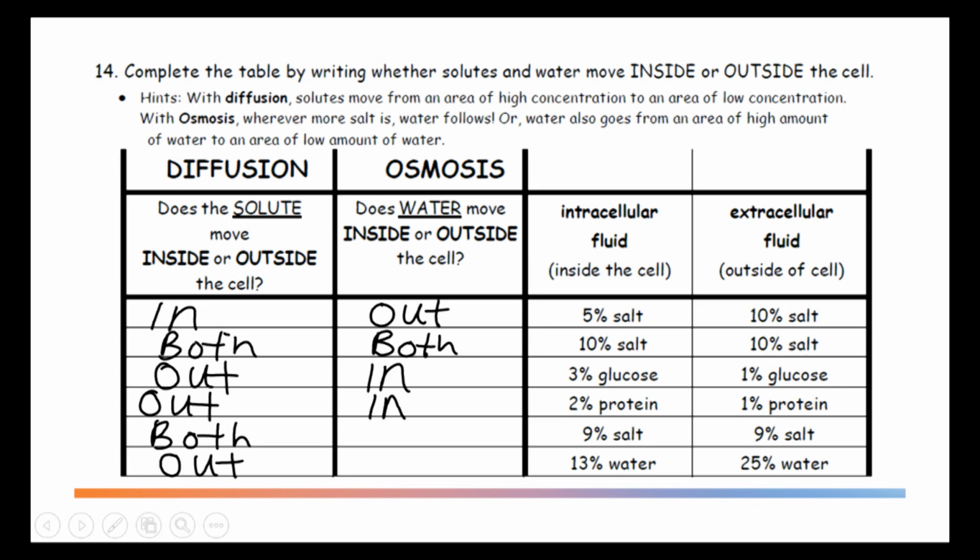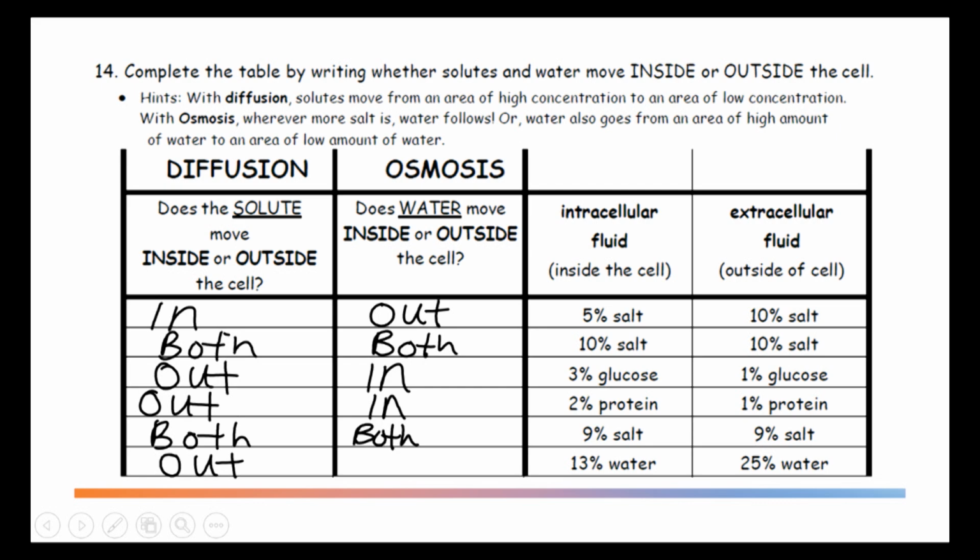Here's the next one, 9% salt inside and outside the cell. They're actually equal. The water's still moving in both directions though, so let's go with both. And then lastly, we got 13% on the inside, 25% on the outside. So we want to move towards high solute.